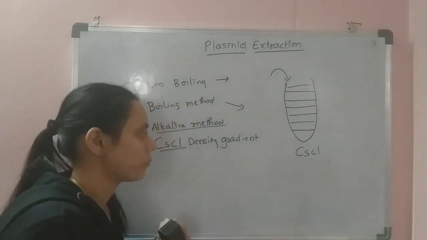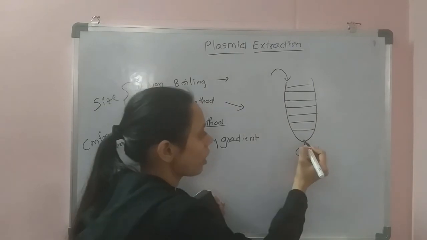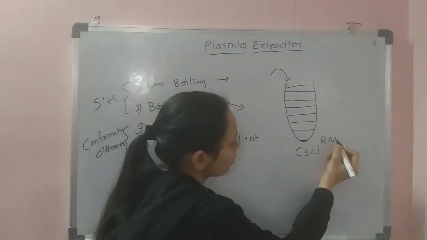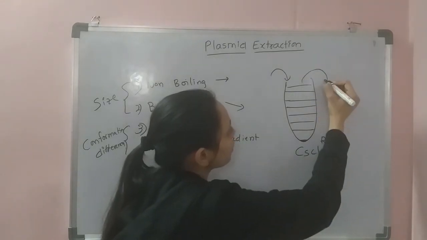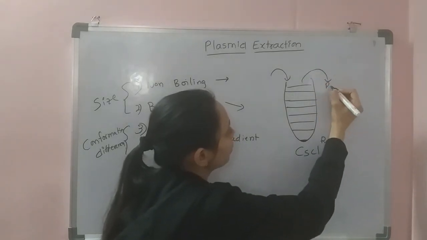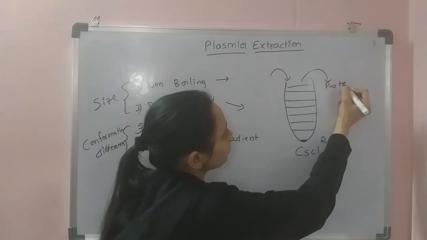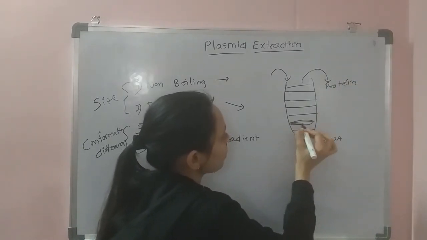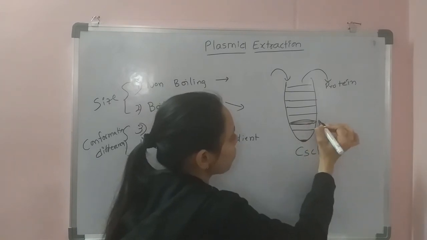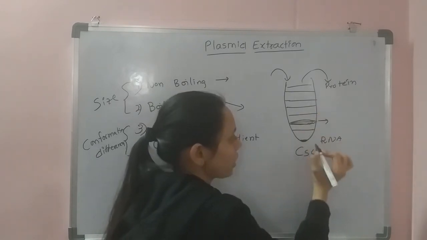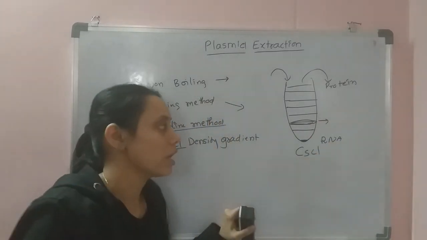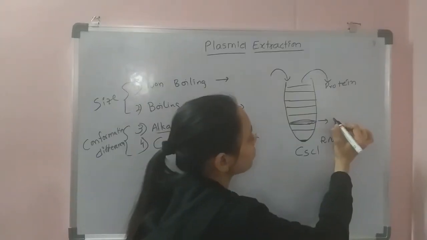Likewise, the RNAs will reach the bottom, proteins will be at the upper layer, and the plasmid, because of its higher bond density than the genomic DNA, will migrate well in the density gradient.